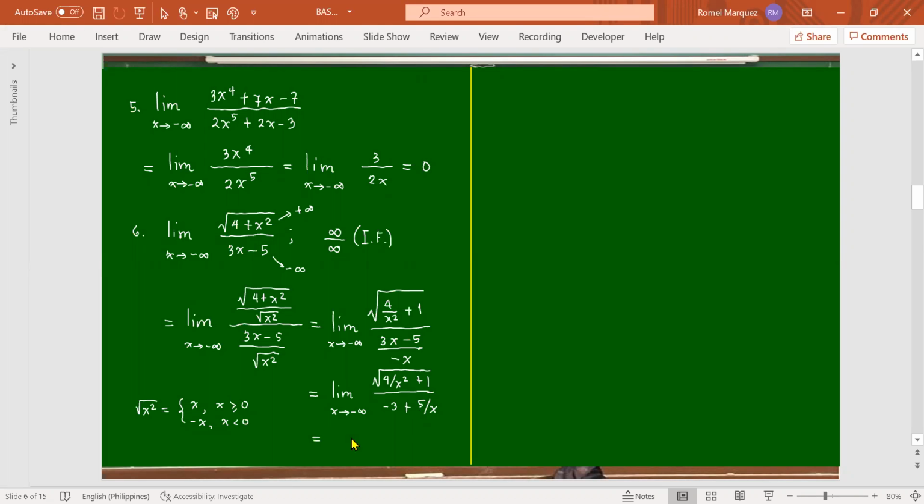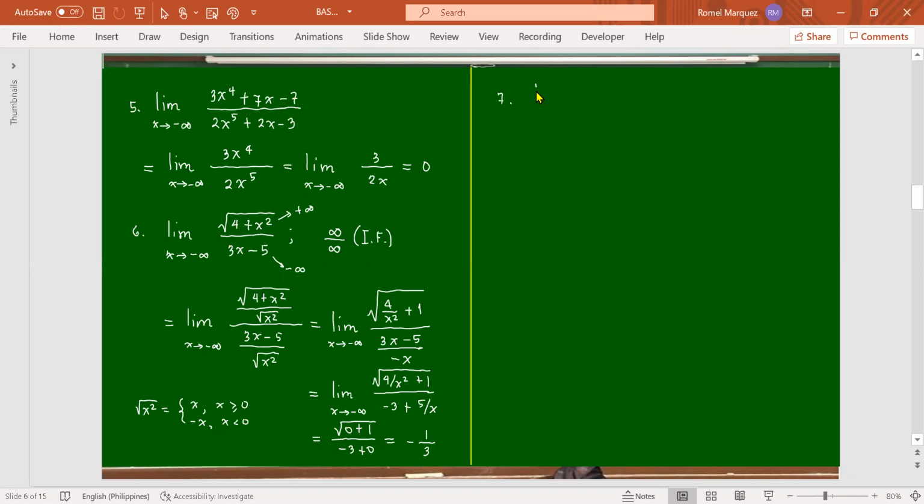What is the limit now? The limit of this is 0, no? The limit of the constant is 1, all over, so the square root of that, negative 3. The limit of this is 0. What's now the limit? 1 over negative 3, so negative 1/3. So when you graph that, and x is getting very, very large, going to negative infinity, the graph approaches negative 1/3. Okay? Understood, children?